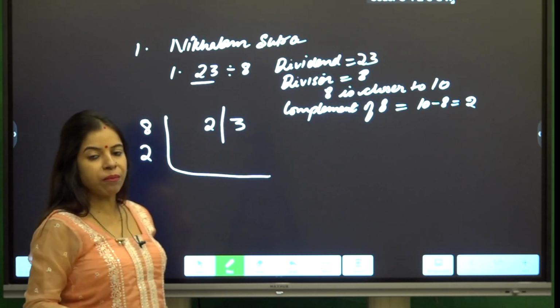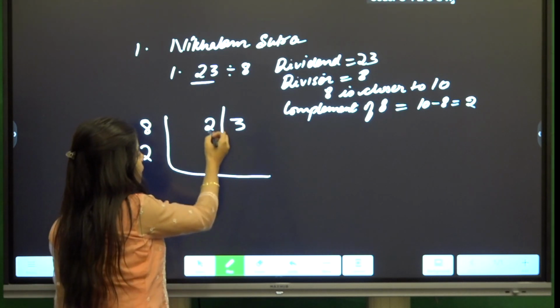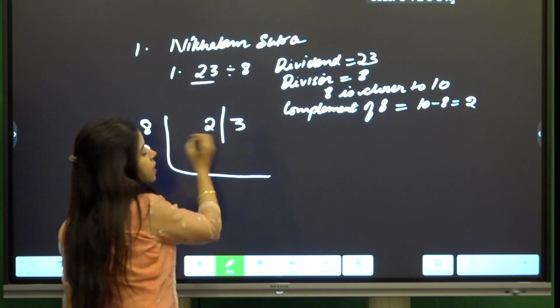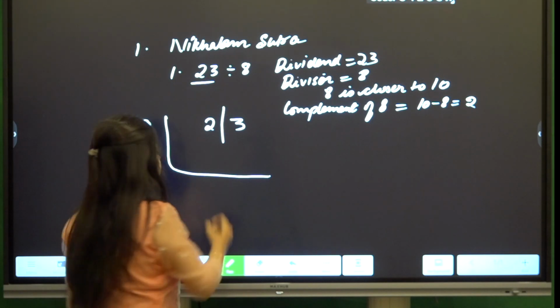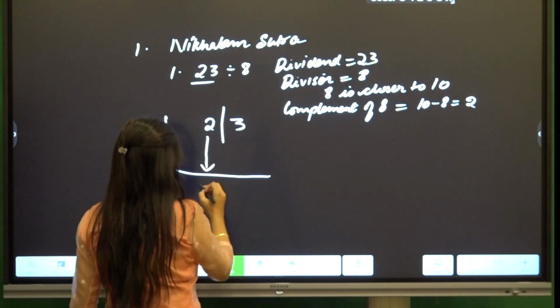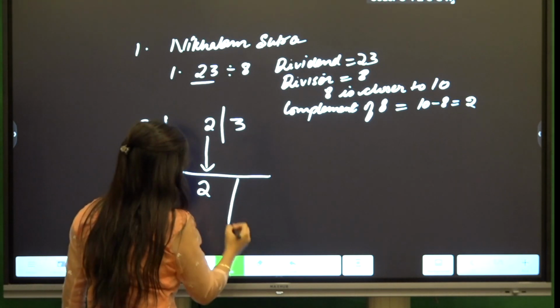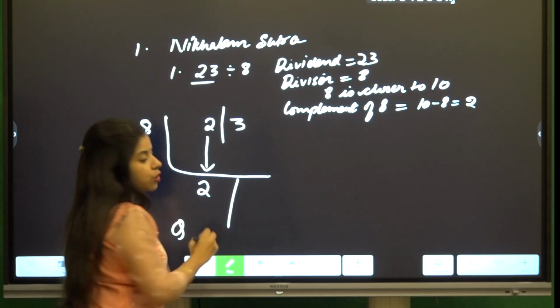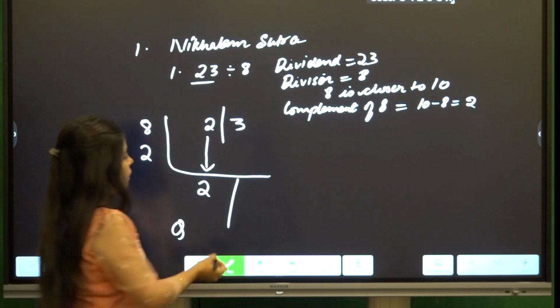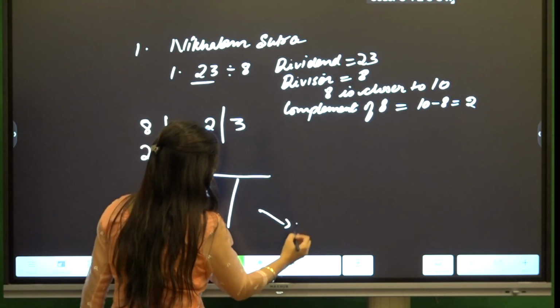Okay. So, step 1 is I am going to carry down the first digit of the number as it is. So, 2 will come over here, and this is also divided into two parts. Left part is going to give me the quotient part and the right is going to give me the remainder part.